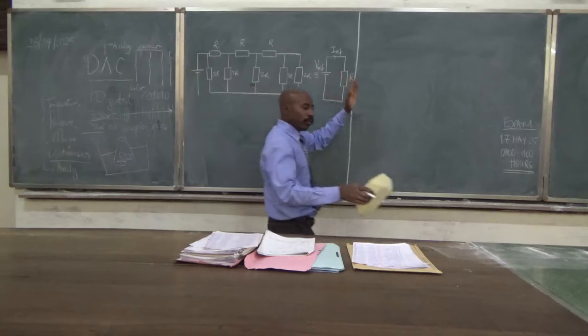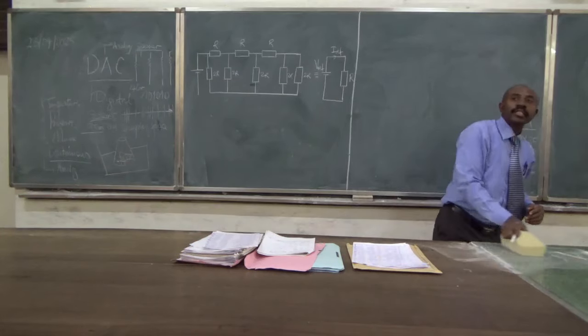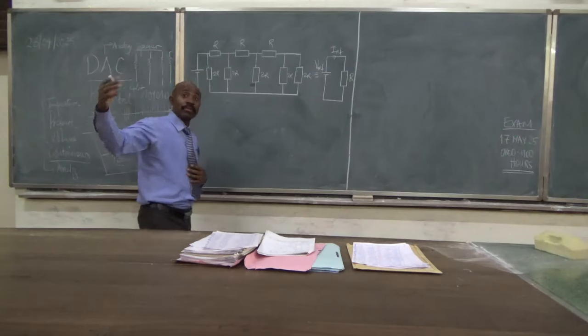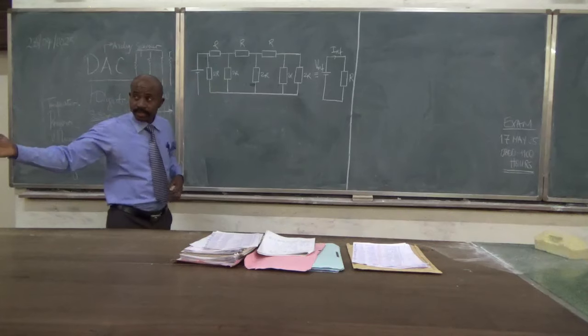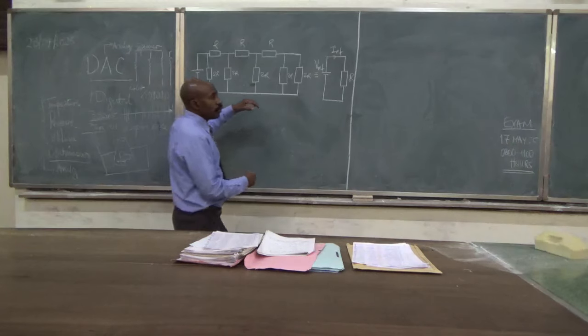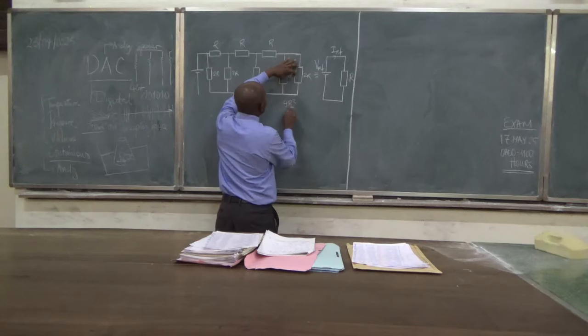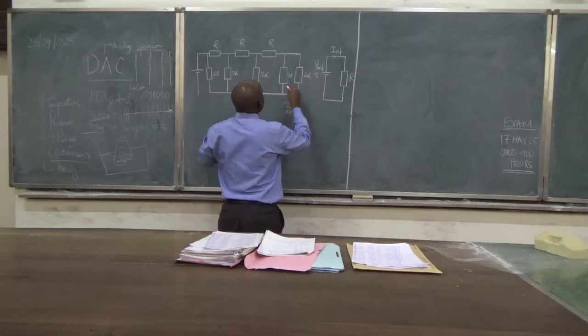I told you we start from the foot soldiers. When we are looking for effective resistance, we start from far away from the power source. So this is the 4R squared over 4R, and this is now R.